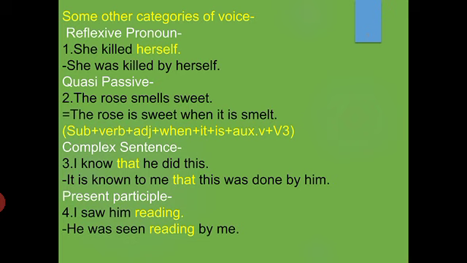Here in the answer, its subject is the auxiliary verb, then known V3 plus to instead of by and object. After that, this is the object of the second clause.